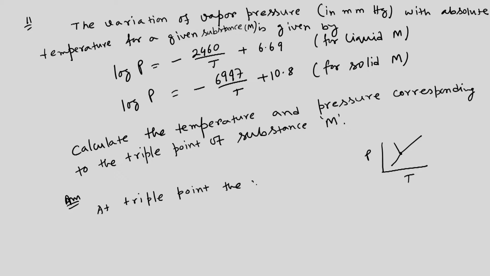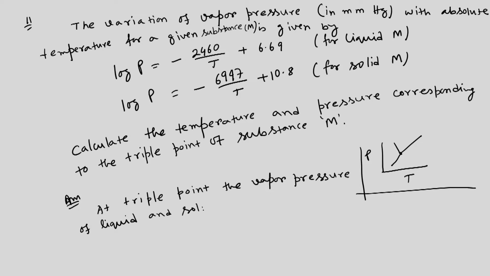Thus, we can write at triple point the vapor pressure of liquid and solid states of substance M are identical or are equal.